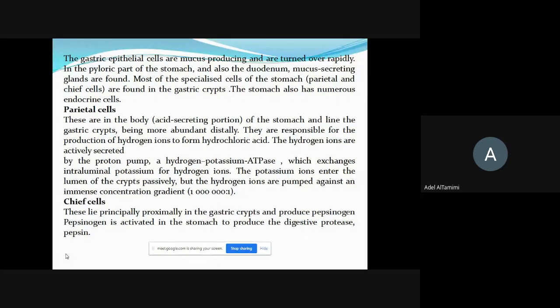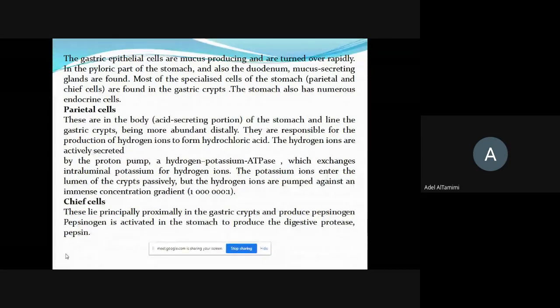So there is a continuous shedding of the gastric epithelial cells, which are rapidly replaced by newly growing cells. And also in the duodenum, there are mucus secreting glands called glands of Brunner, responsible for secretion of a large amount of mucus.